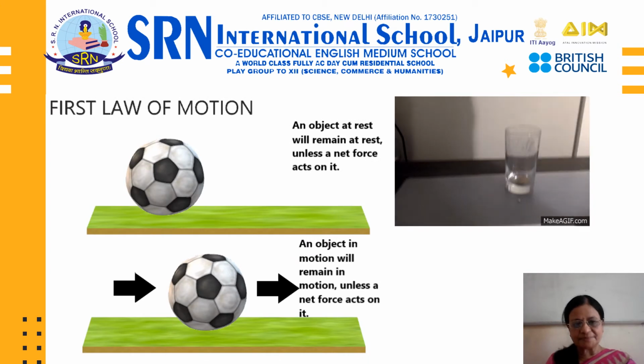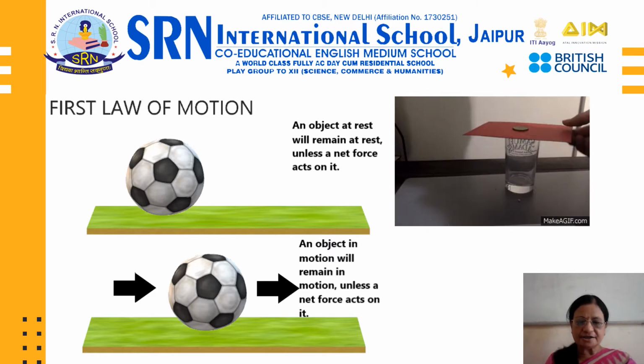So let us take some examples of the first law of motion. The first example, as we can see on the right hand side: when the card is flicked with the finger, the coin placed over it falls in the tumbler. So here the object, when it is at rest, will remain at rest unless a net force acts on it.